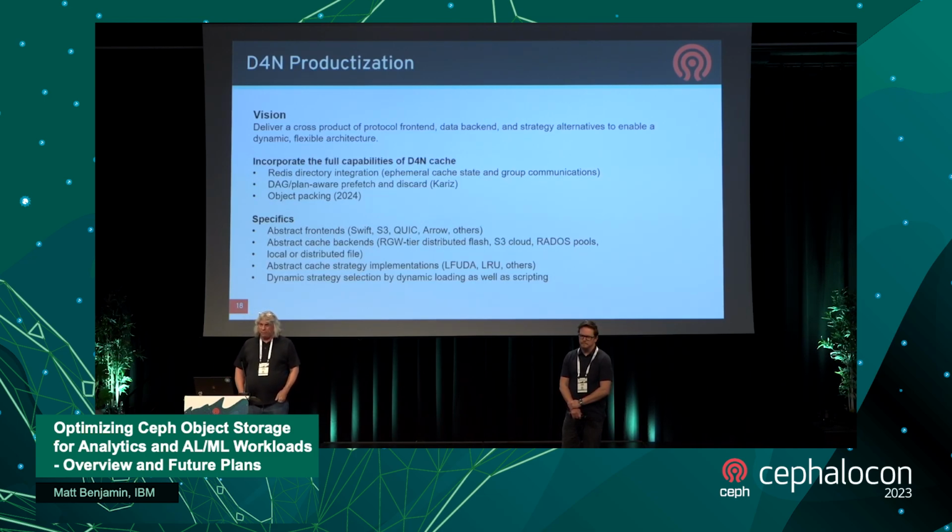We have flexible front ends that correspond to alternate strategies that different applications want to use to most efficiently access data, not just S3, which is good for some things, but there's a lot more potential there. Arrow in particular, as we've emphasized, and there's also a QUIC front end. This is more or less totally orthogonal, but not completely.